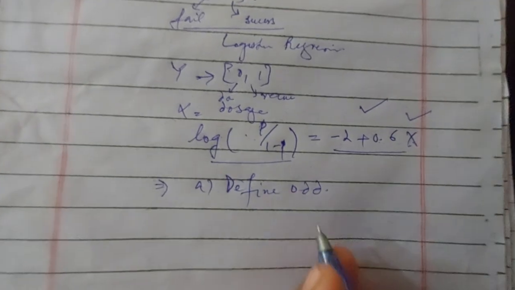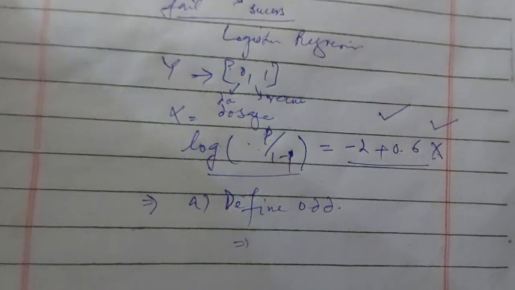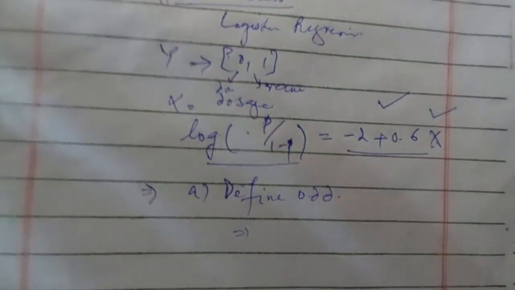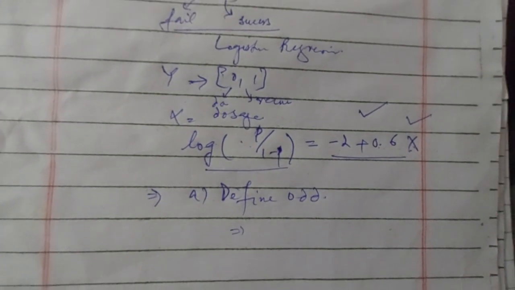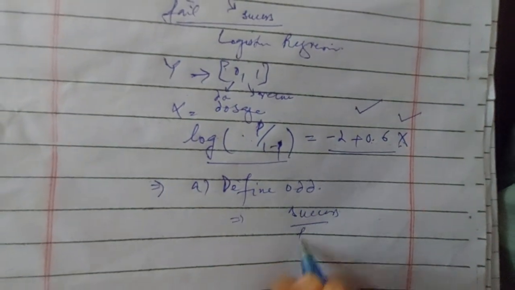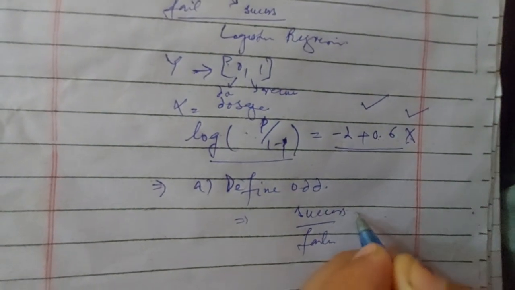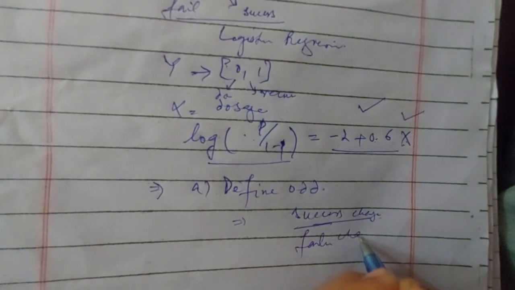By definition, odds is the chance of success relative to failure. So odds is success chances divided by failure chances.